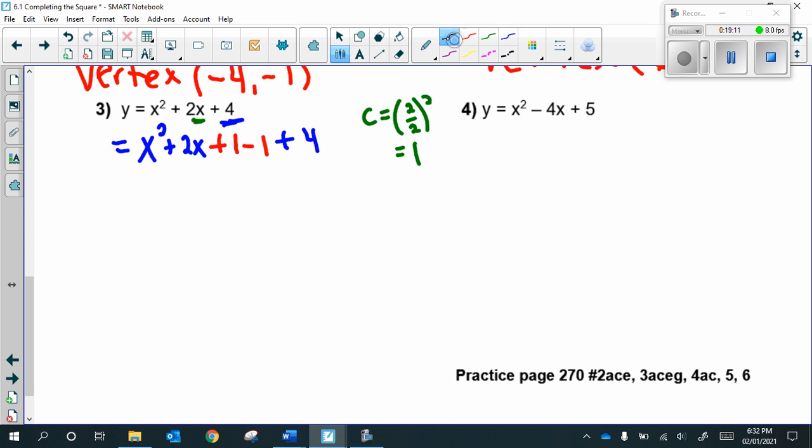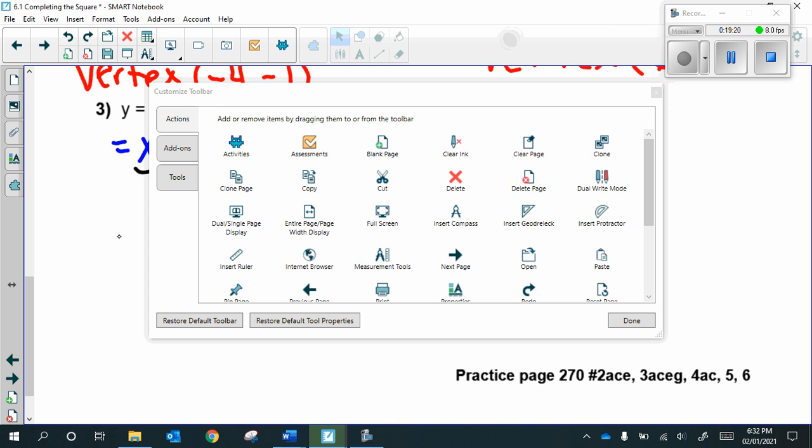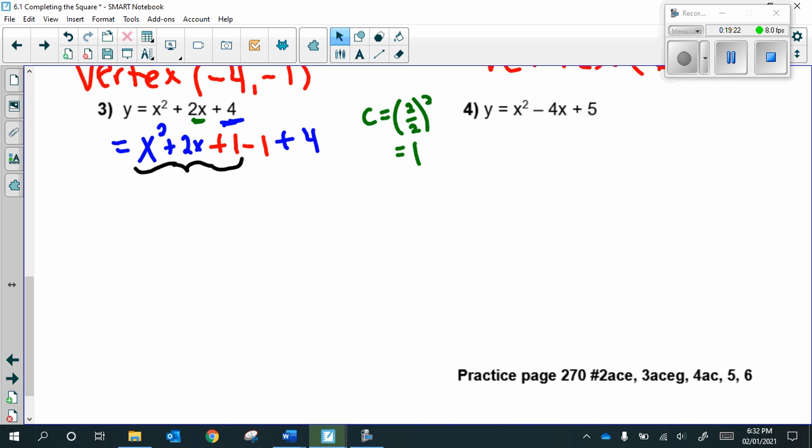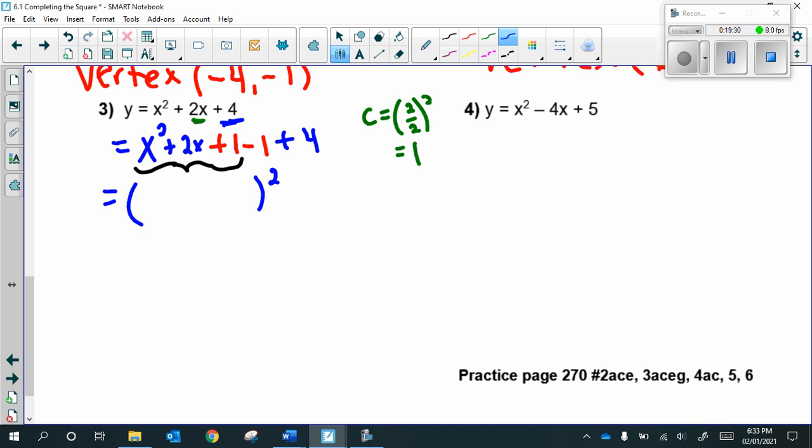Okay, so let's do some factoring. First three terms is the perfect square. If I factor x squared plus 2x plus 1, what do we got here? Our two brackets squared. Square root of the first term is x.